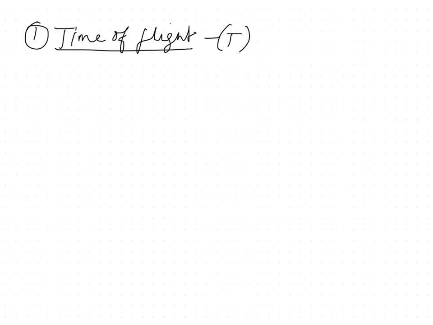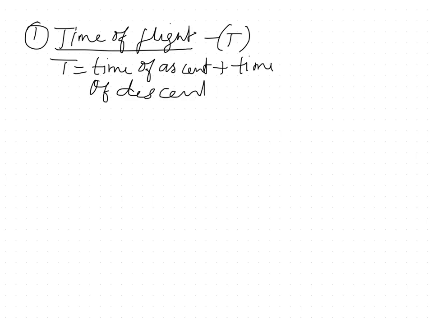Now other things we can also calculate, that is time of flight. Time of flight means the time taken by the projectile to reach the ground. So we can represent it by capital T. This capital T can be written as the sum of time of ascent plus time of descent, small t plus small t.